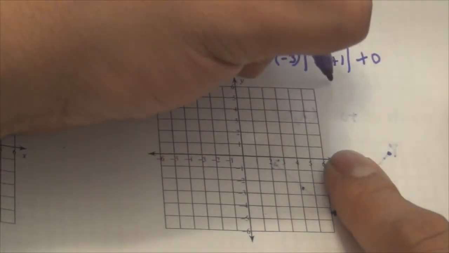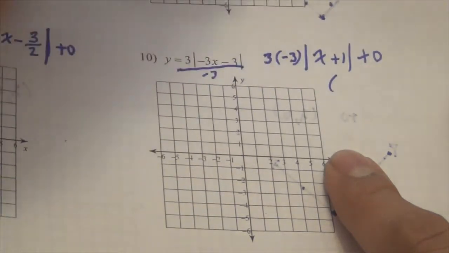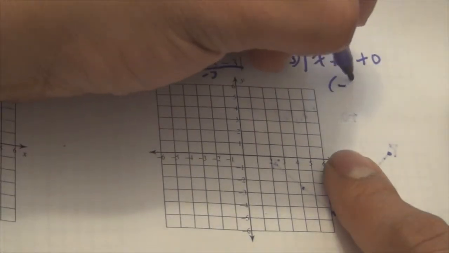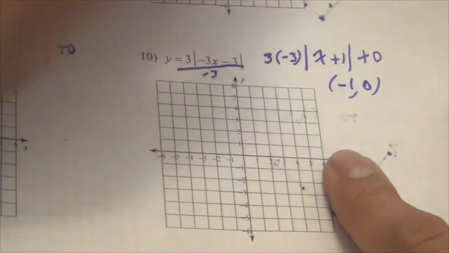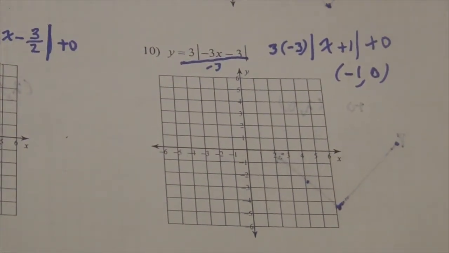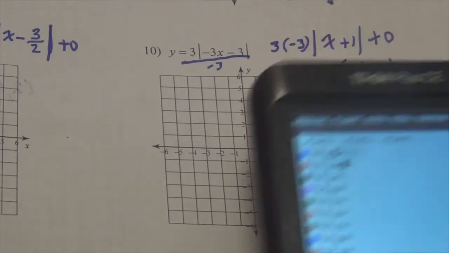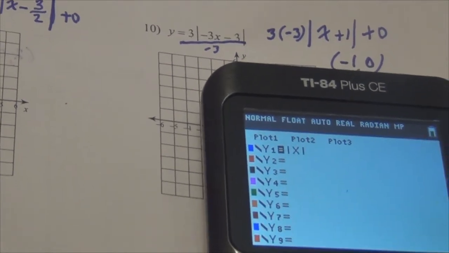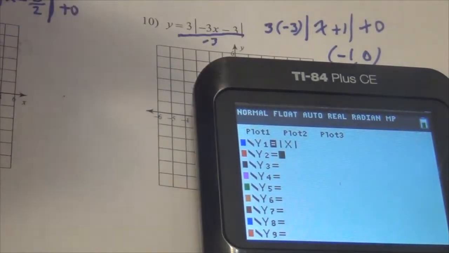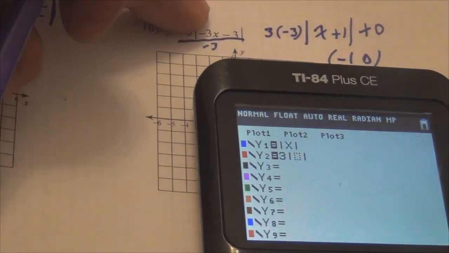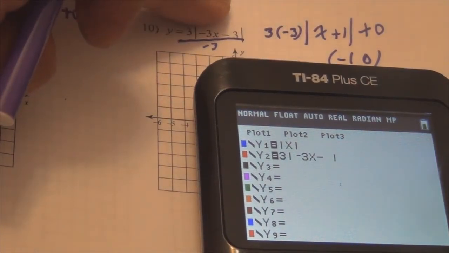So now the vertex is going to have a shift to the left, because it's the opposite of this one. -1 and then comma 0, and that's where your vertex is going to be. Let's take a look at it with the calculator. So I'm going to graph the original 3, absolute value of, okay, -3x minus 3.